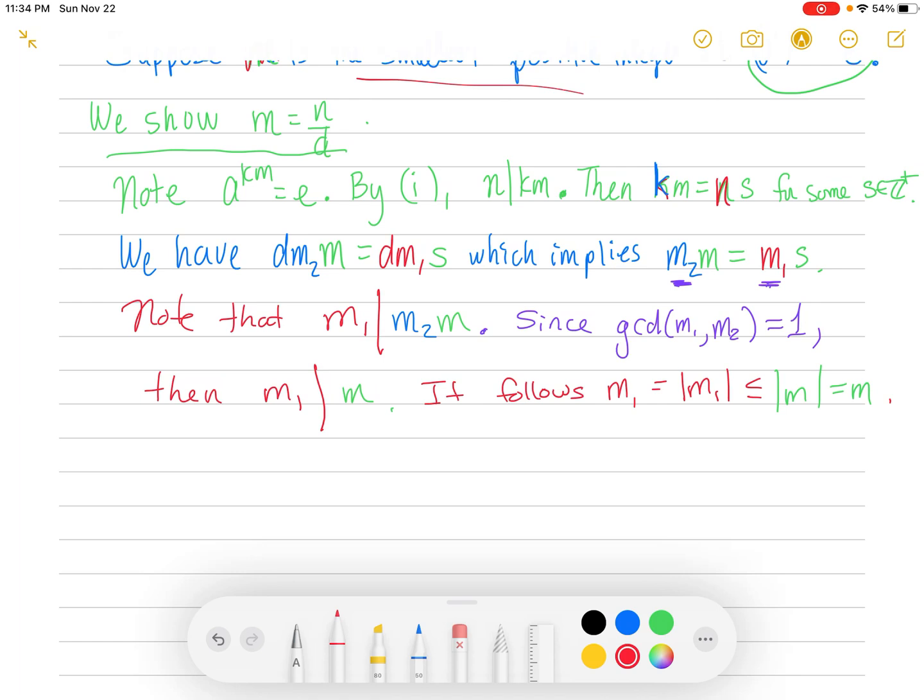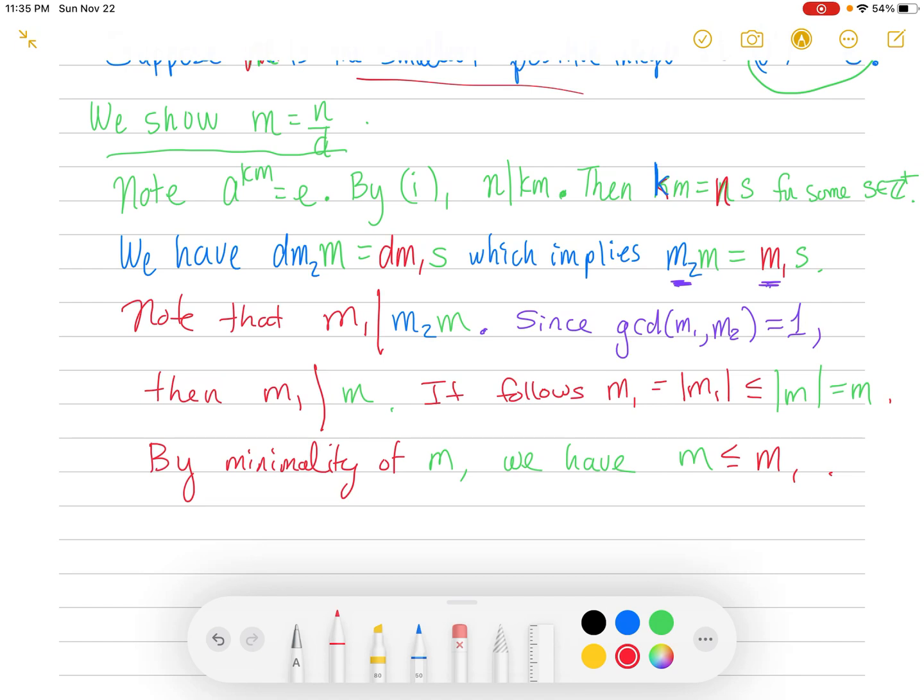So we also know by the minimality of m, we have that also m must be less than or equal to m1 because m is the smallest.